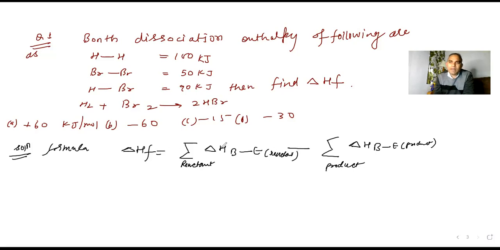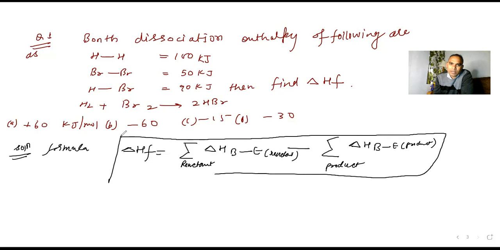Either you place the value in this equation, otherwise you separately calculate for reactant and then product, then solve. So if you talk about this one, 2HBr is there. How can you be able to solve the problem?